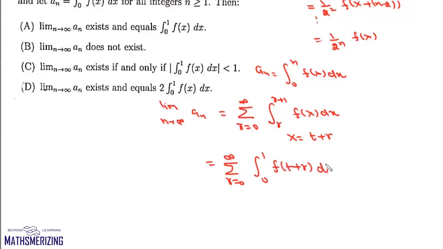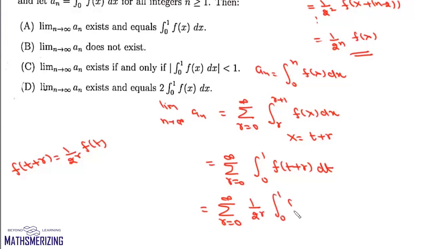f of t plus r dt. Now using this relation we can write f of t plus r as 1 upon 2 to the power r into f of t. So it will be this summation r varies from 0 to infinity of 1 upon 2 to the power r, then this integral from 0 to 1 of f of t dt.